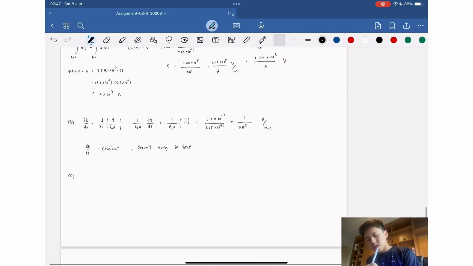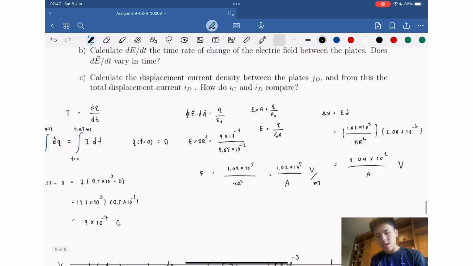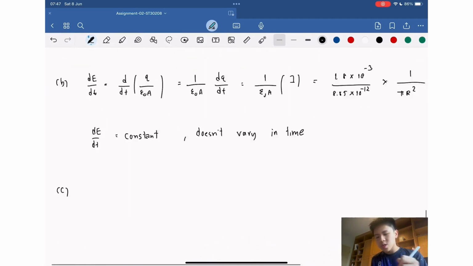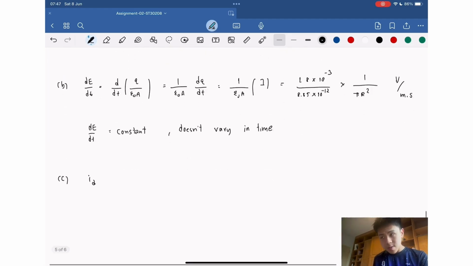And the last section, C. Calculate the displacement current density between the plates JD, and from this, the total displacement current ID. How do IC and ID compare? So first of all, you need to know the formula of ID, or the displacement current.